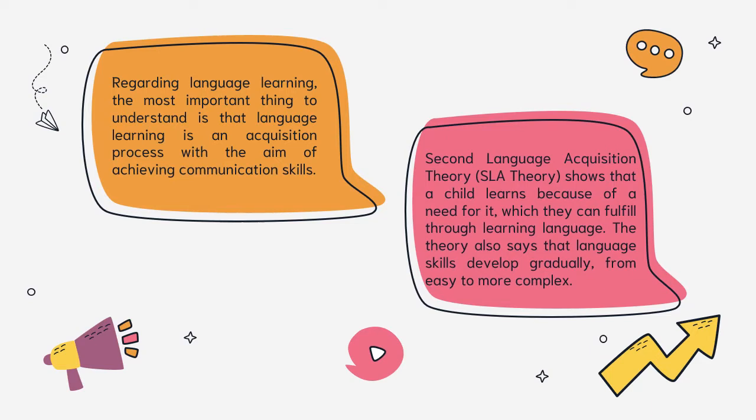Second language acquisition theory shows that a child learns because of a need, which they can fulfill through learning language. The theory also says that language skills develop gradually from easy to more complex.